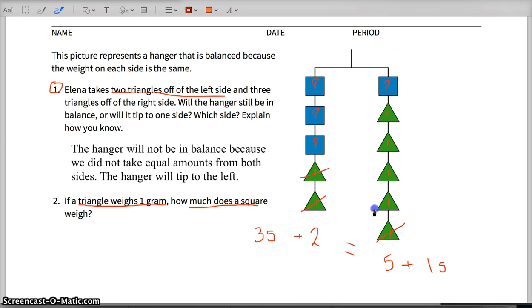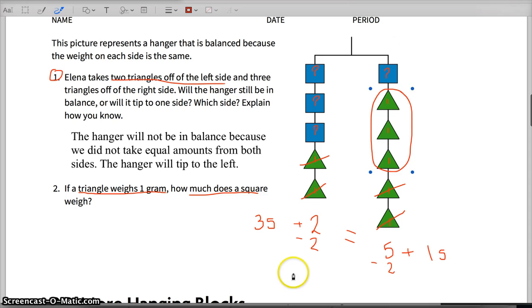So that way we're left with just some plain numbers. And essentially what we're doing here is we're subtracting this 2 right here. So subtracting 2. And that leaves us with 3 triangles and 1 square on this side, and we're still balanced because remember we took 2 triangles here and 2 triangles here, so we're still balanced.